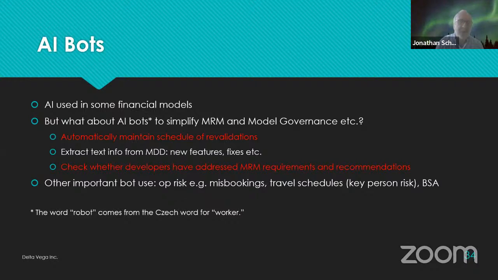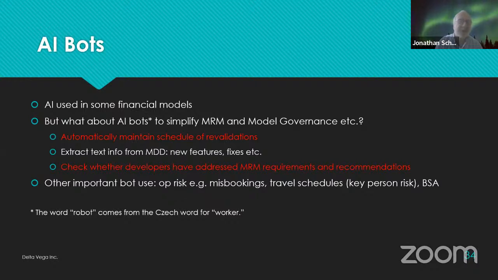Another one would be when you write a model review report, you may have requirements and recommendations on the developers, on the model owners as well. And so when you go to review it, the bot could be up there and it could capture the date on which those recommendations or requirements were met and how they were met.